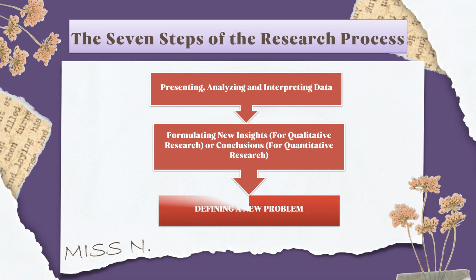The last step, of course, is defining a new problem because research is cyclical. It starts with a problem and it ends up with a problem. After drawing conclusions or laying down the new insights gained, recommendations of the current researcher should be formulated based on the conclusions or insights gained.